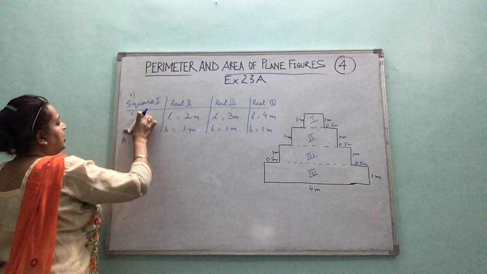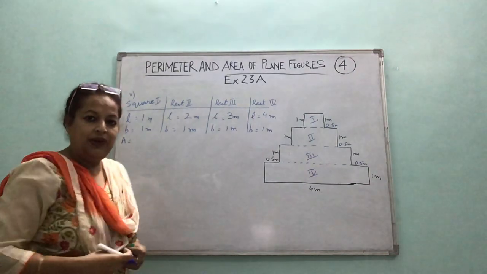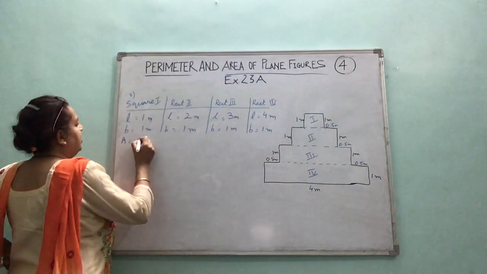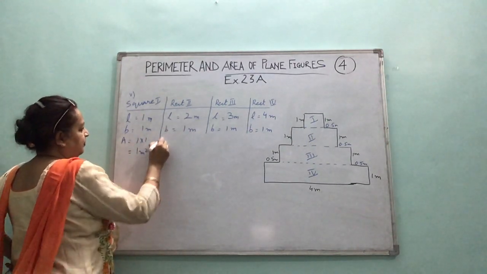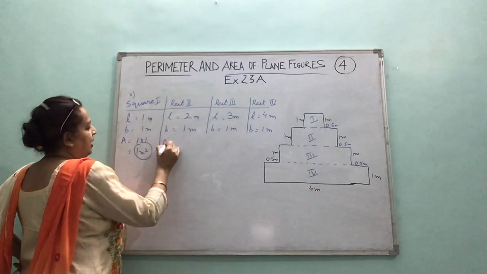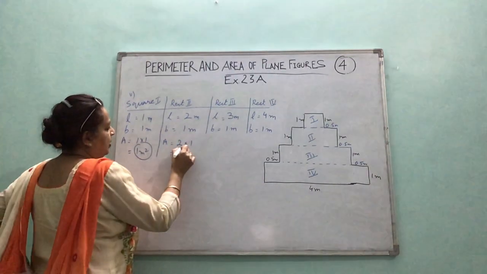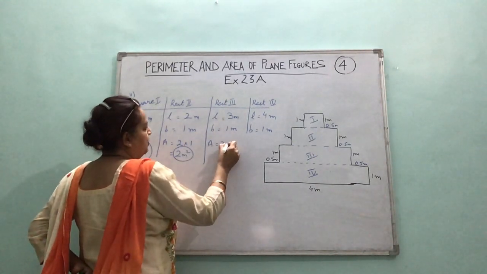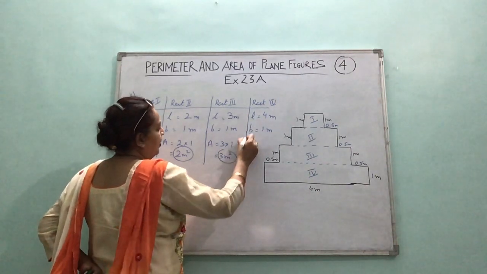Well then this is, okay, let it be length and breadth, but we know that in square, since both length and breadth are same, it is known as side. So well, area is 1 into 1, 1 meter square. Area is 2 into 1, 2 meter square. Area is 3 into 1, 3 meter square. So easy to do.